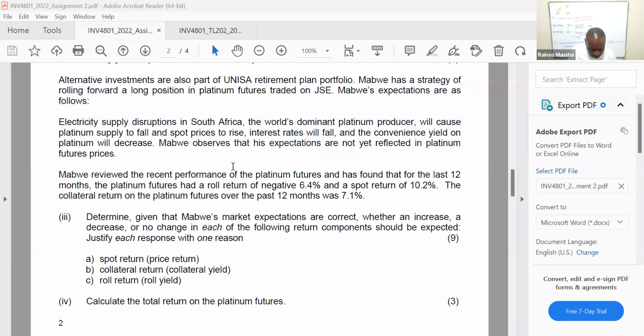Electricity supply disruptions in South Africa, the world's most dominant platinum producer, will cause platinum supply to fall and spot prices to rise. At the same time, interest rates will fall and the convenience yield on platinum will decrease. Mabwe observes that his expectations are not yet reflected in platinum futures prices.